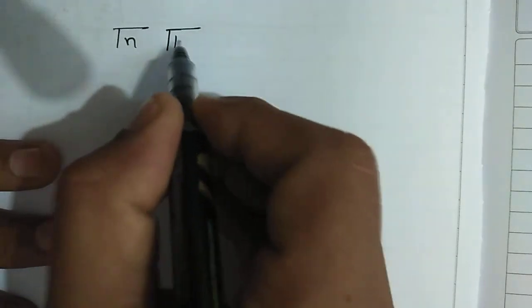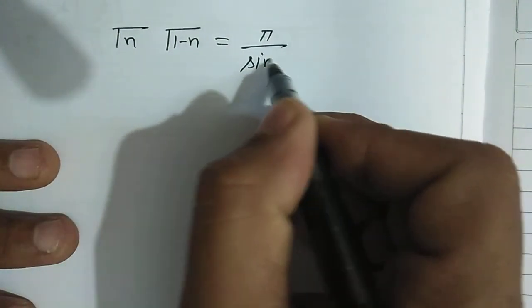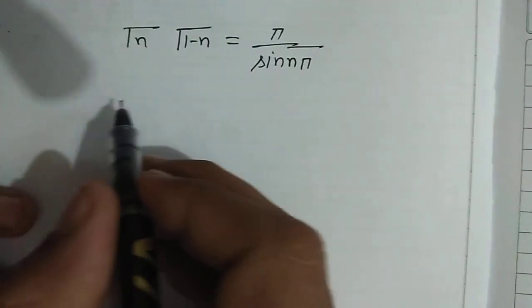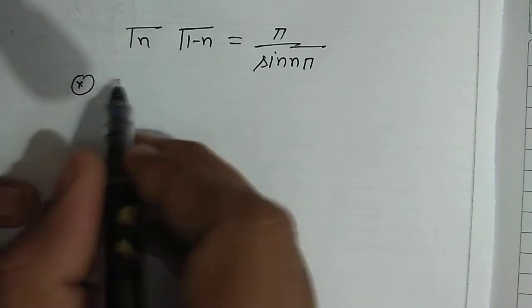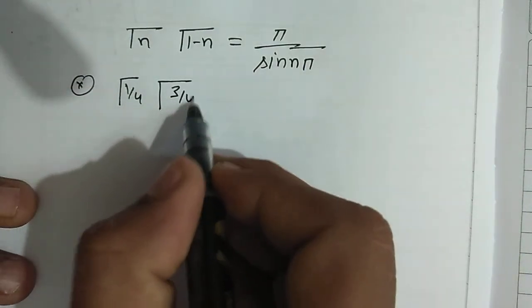Sometimes we need to solve problems using the formula gamma n gamma(1 minus n) equals pi upon sine n pi. For example, find the value of gamma(1 by 4) gamma(3 by 4).